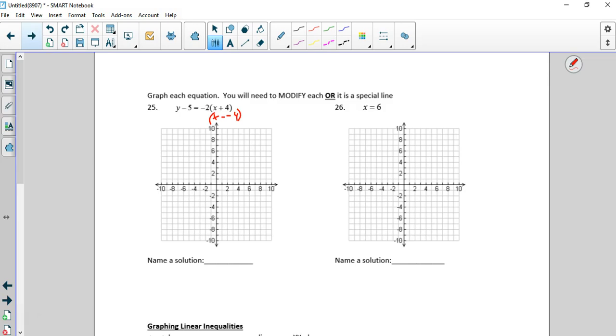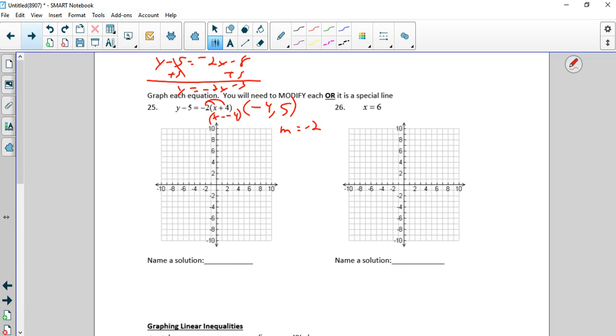The point is x, negative 4, y, 5, and the slope is negative 2. If you don't like that method, you can always distribute the negative 2 and get y minus 5 equal to negative 2x minus 8. Add 5 to both sides, and you get y equals negative 2x minus 3. And your graph will still work out.